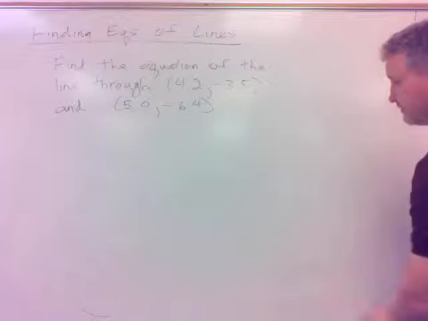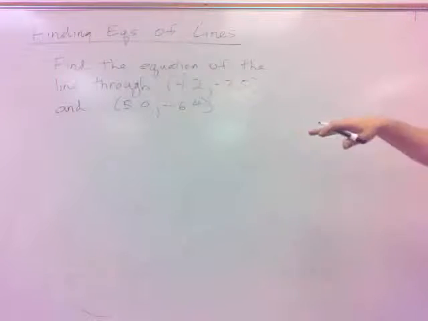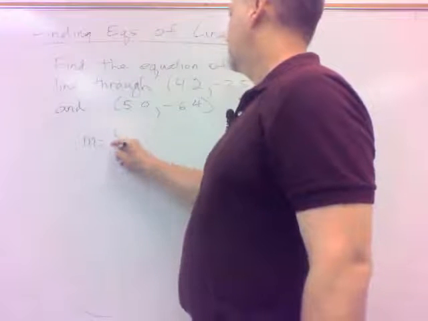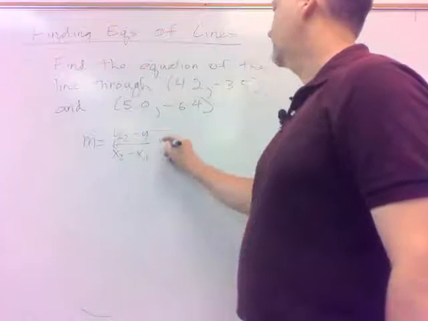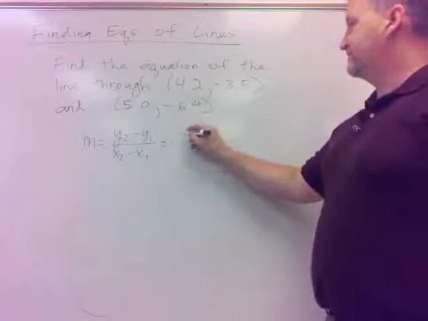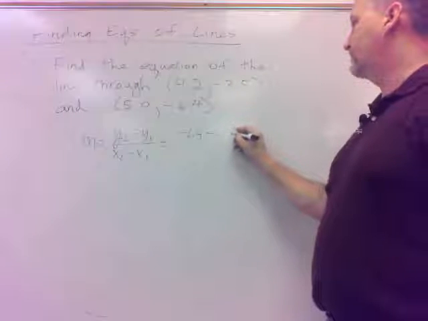All right, so again we want y equals mx plus b, but we're going to have to start with the slope formula first: y2 minus y1 over x2 minus x1. Difference of the y's over difference of the x's first. What does that get me? Second y is negative 6.4 minus the first y, which is negative 3.5.